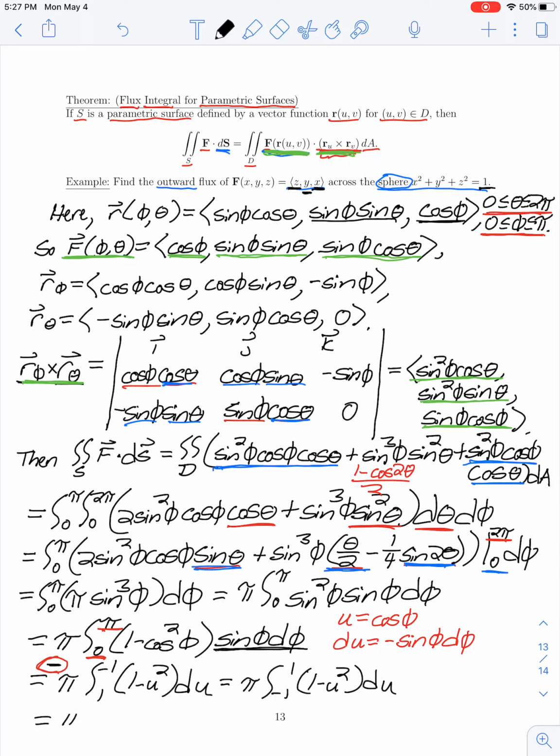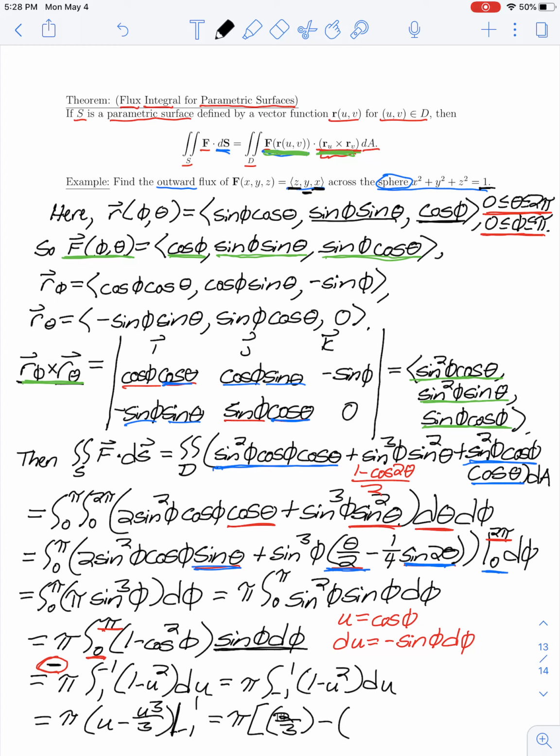So for an antiderivative, we have pi times u minus u cubed over 3, evaluated from negative 1 to positive 1. So that gives us pi times, when we plug in 1 for u, we have 1 minus 1/3, or 2/3.